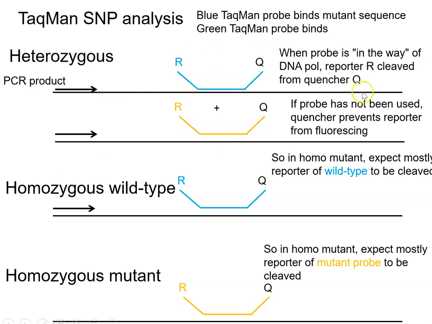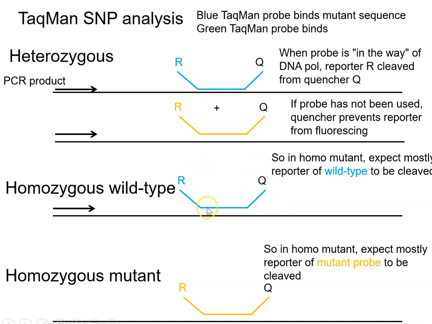What we're doing here is using two different probes, two different colours, so the blue one and the orangey one. And this probe here recognises the wild type situation. So if we focus in the middle here, in a homozygous wild type individual, the wild type probe would bind in preference.